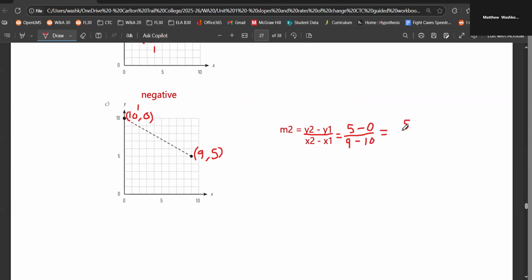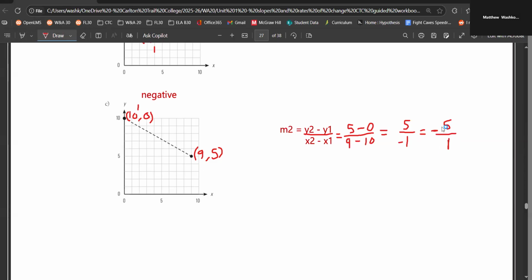Right, so that'll give me 5 over 1 over a negative 1 specifically. Now remember, I got to move that negative over. You could just do 5 over 1. That means the same thing as negative 5 is the slope. But I recommend try and keep that 1 in there. Keeps it simpler.